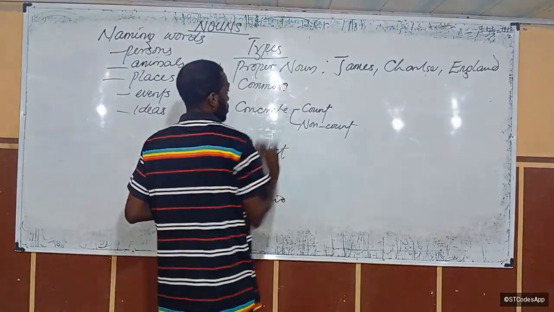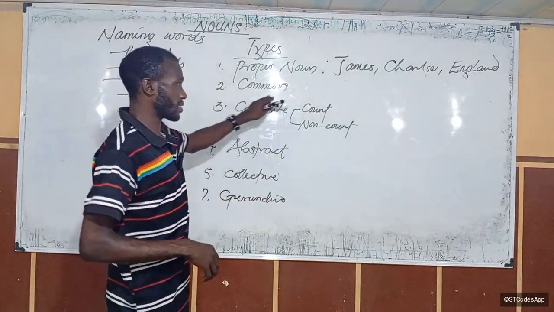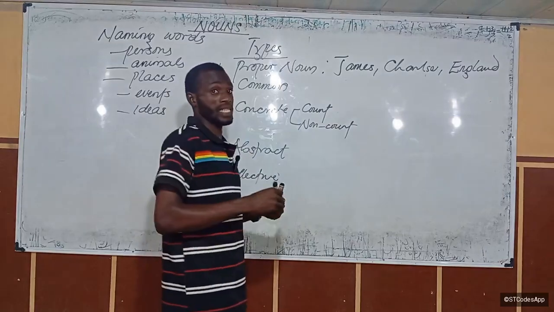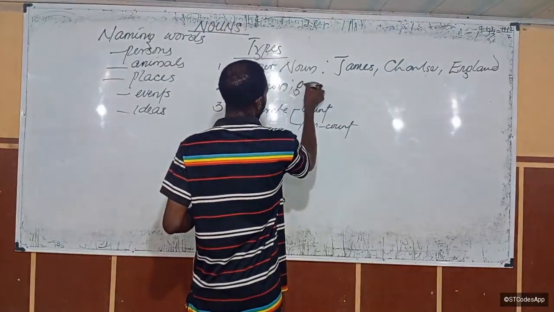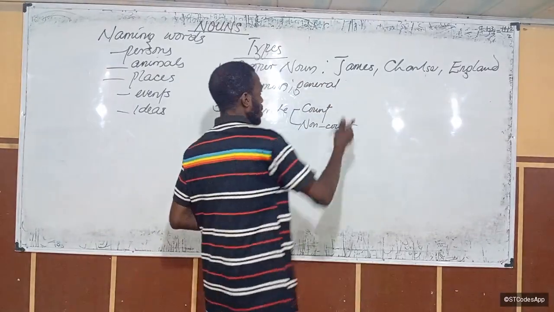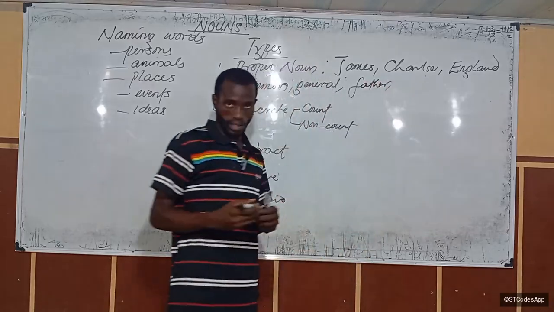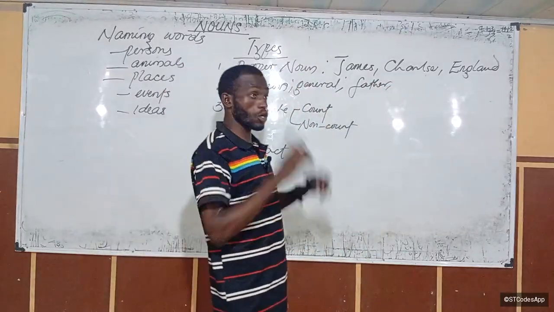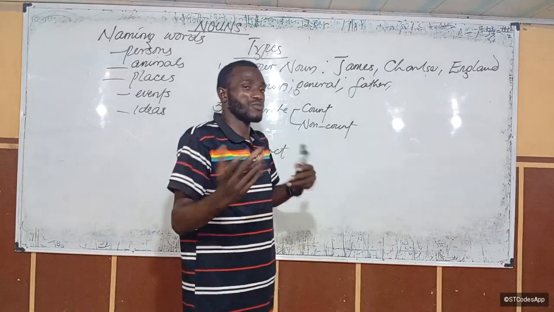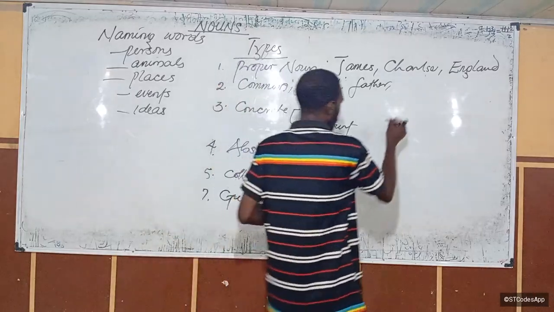Common nouns are names, just like it implies, common names, names of common things. Another word we use for them is general names. For example, father, mother, sister, son. There's no one person who bears that name. We don't say your name is father, or your name is son, or your name is boy, or your name is girl.